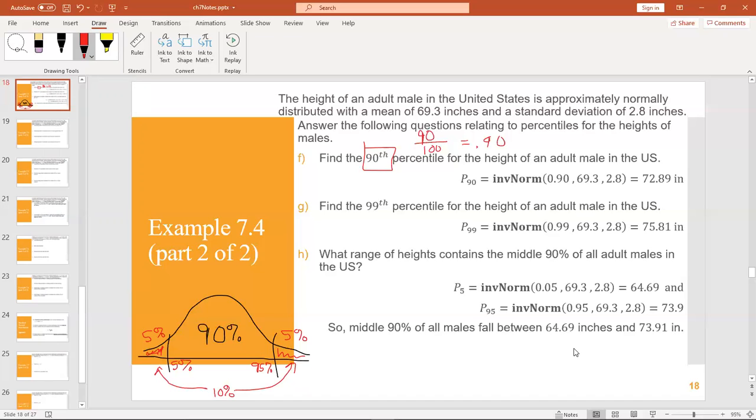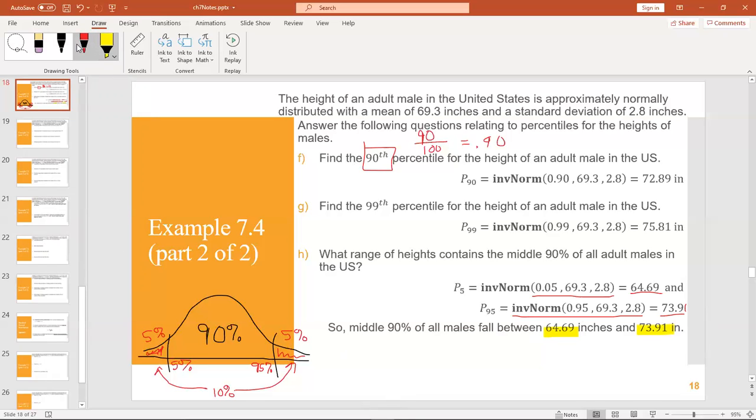So for here, we're doing this in 2 stages. We're calculating the inverse norm for 5%. That's going to give you 64.69. Do that all over again for 95%, and that's going to give you 73.9, or 73.91 it looks like. So that means the middle 90% of all males are going to be between this height and that height.